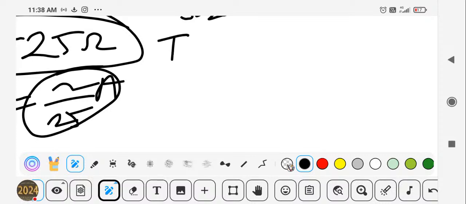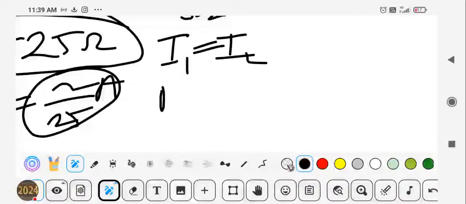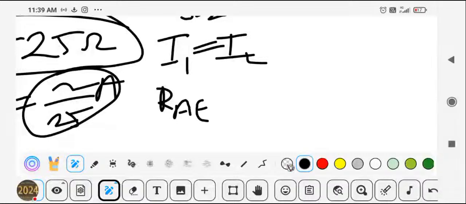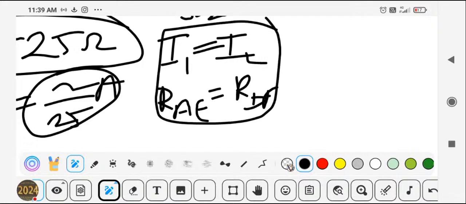So I can say I1 and I2 are also the same because RA is equal to RDF, right? From that I can say I1 is equal to I2, which again is equal to 1 by 25 ampere.